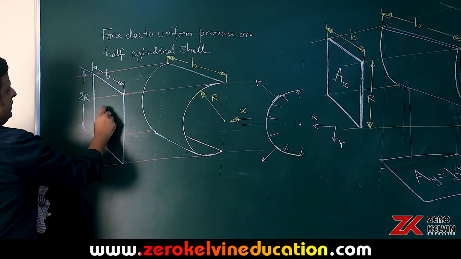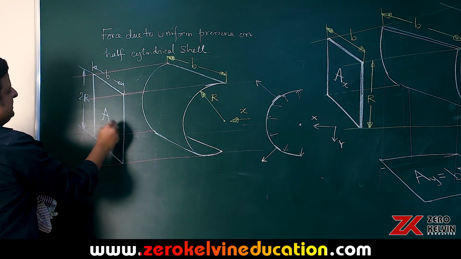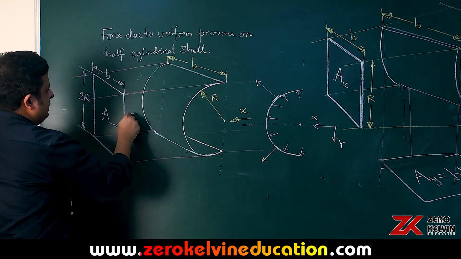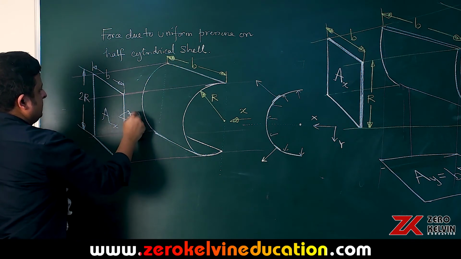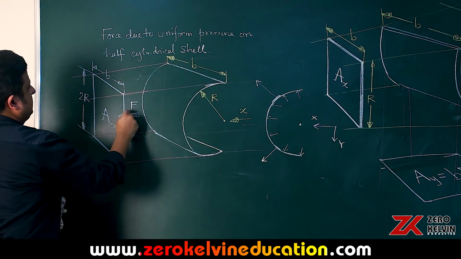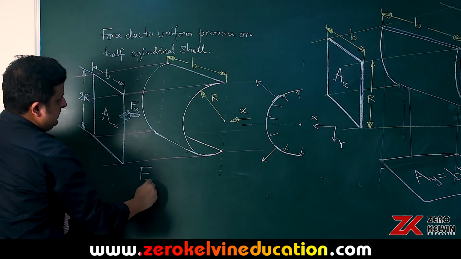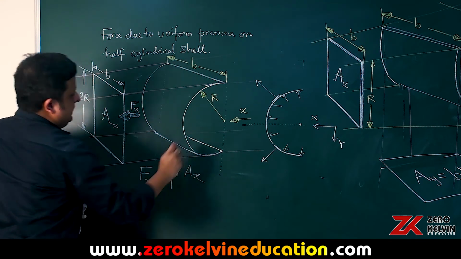So the projected area, let's write it AX. Here the force is obviously along the x-axis. We can write Fx only because Fy is 0. So Fx is equal to P multiplied by Ax.